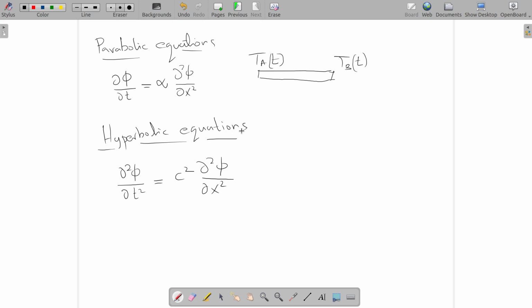Another factor to remember here is that diffusion is usually high for parabolic equations, and diffusion of energy is actually small.